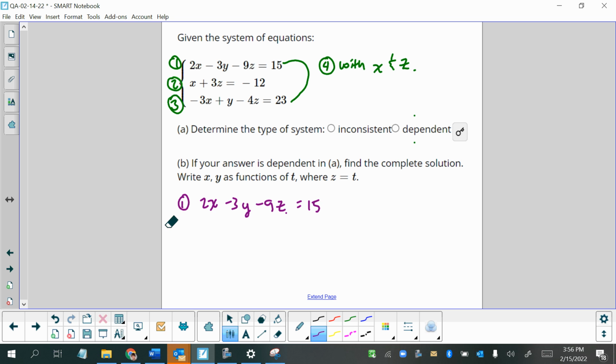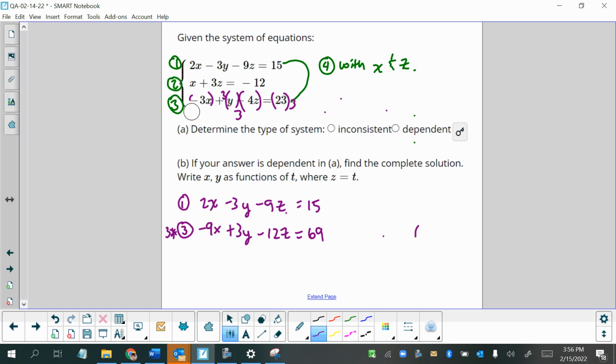So 3 times equation 3 gives me negative 9x, then positive 3y, and then negative 12z, and don't forget to do it on your constant, that's 69.